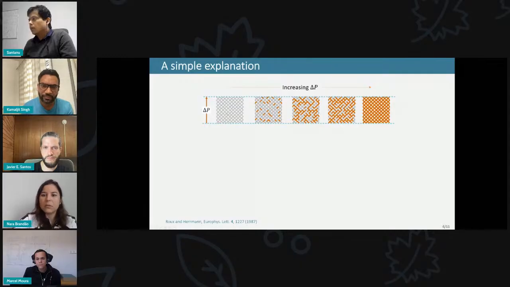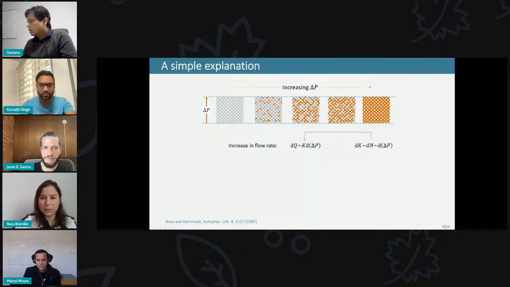If you have a network with links that have thresholds distributed over a range, and as we increase the pressure drop, more and more links are active or become open. So the increase in flow rate will be the conductivity multiplied by the increase in the pressure drop, and this conductivity itself is a function of the pressure drop because more and more links are opening.